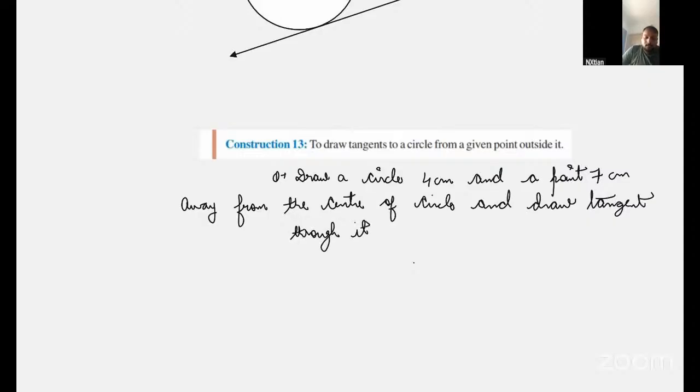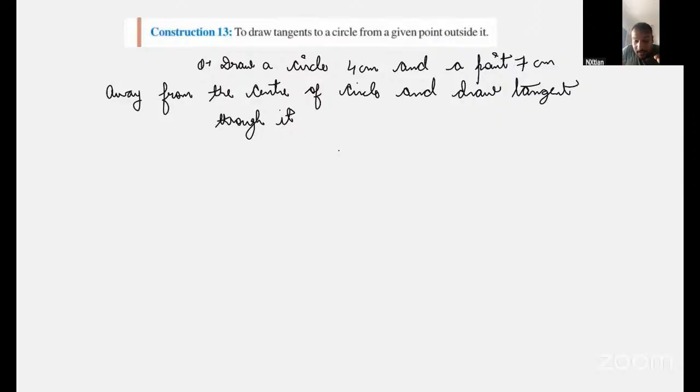Did you understand? So draw a circle of 4 centimeters; there is a point outside the circle which is 7 centimeters away from the center. Draw a tangent through it.